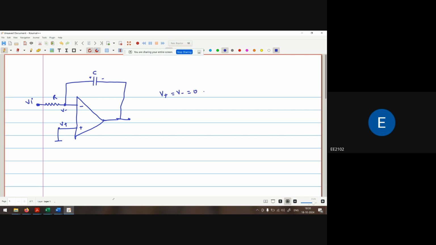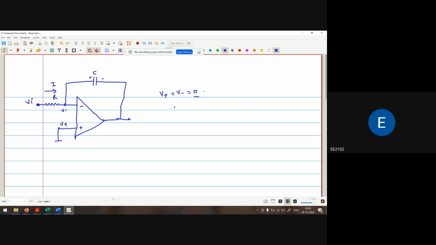Why? Because it is a negative feedback. To solve a negative feedback, the best way is taking the virtual ground concept. That means the voltage at the positive terminal is equal to the voltage at the negative terminal. Now through this R the current I will be flowing.